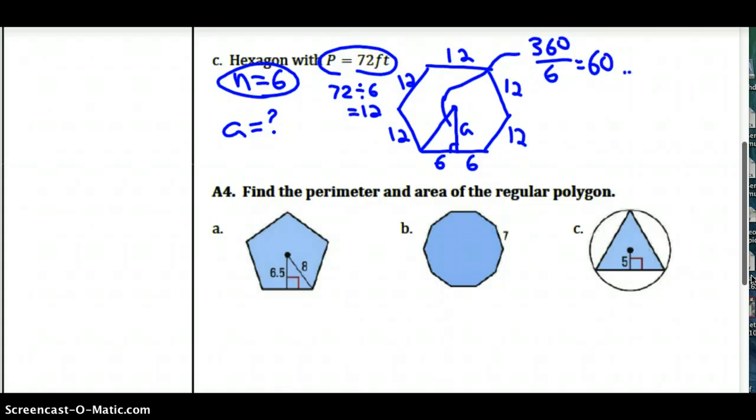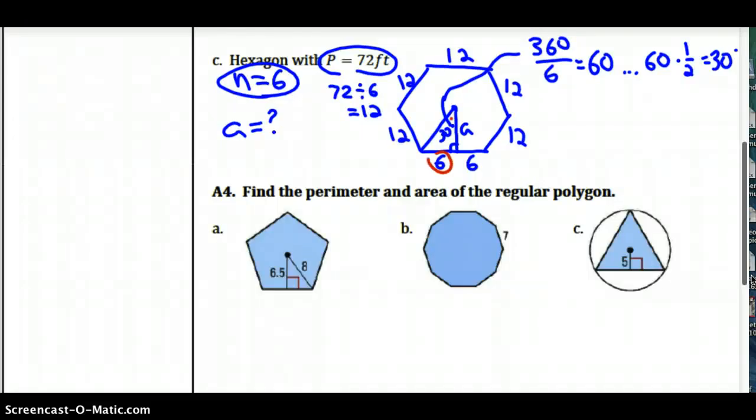And then I've got to take 60 times 1/2, because I'm 1/2 of those degrees. So this ends up being a 30-degree triangle up here. Hard to squeeze that in here. So that's 30 degrees.